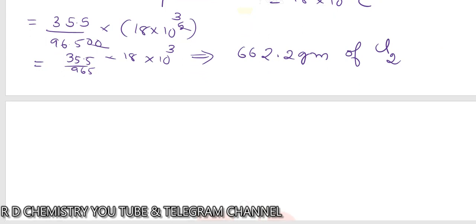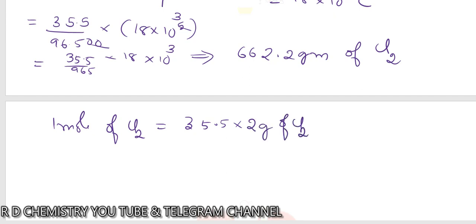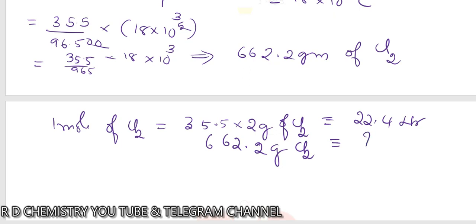Now, you know that 1 mole of Cl2 is equivalent to 35.5 into 2 grams of chlorine, and that will occupy 22.4 liters at STP. So 662.2 grams of chlorine is equivalent to how many liters?